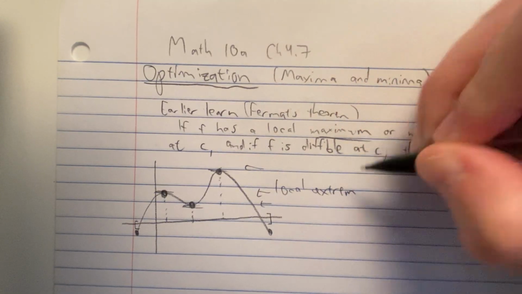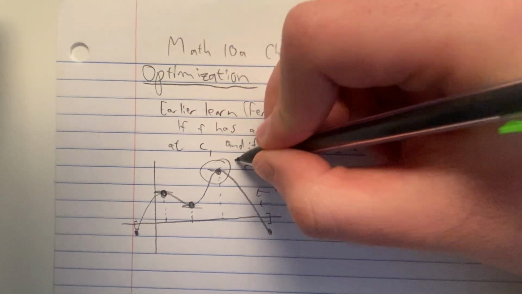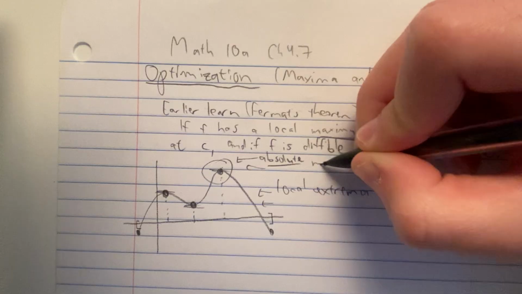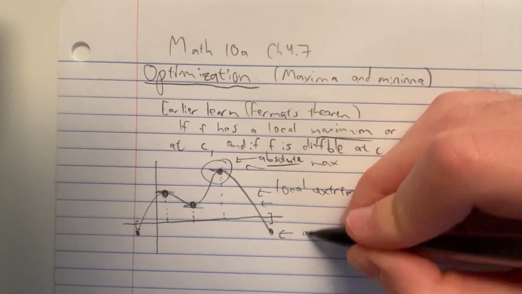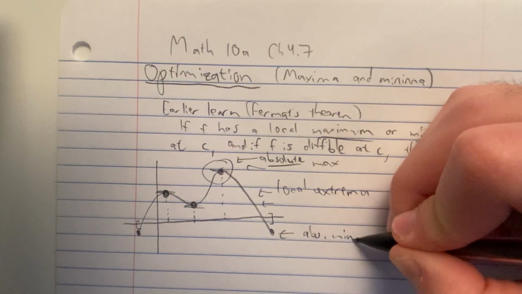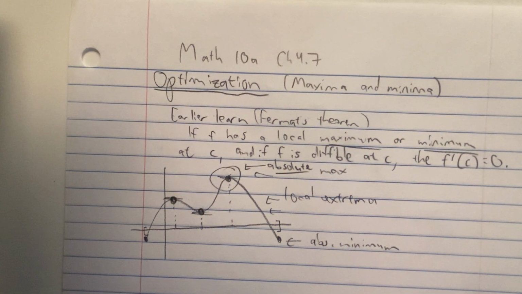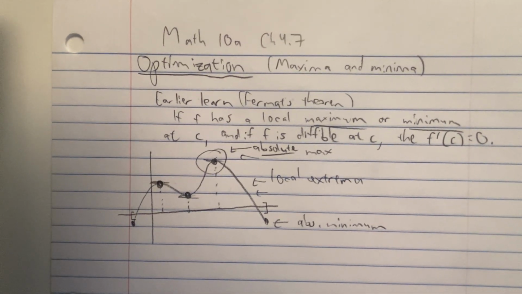Extremum, remember, means maximum or minimum. And this one over here is our absolute maximum. And down here we have our absolute minimum, which, because of how the textbook writes its definitions, is not considered a local minimum.